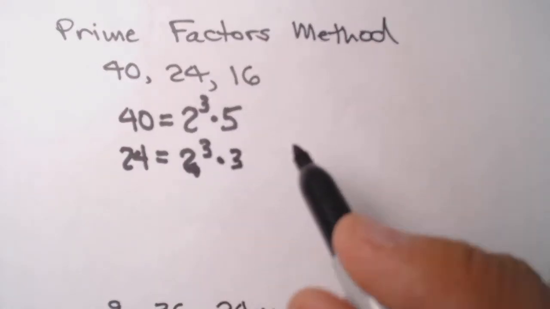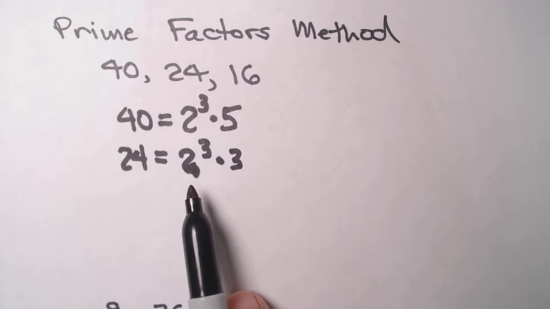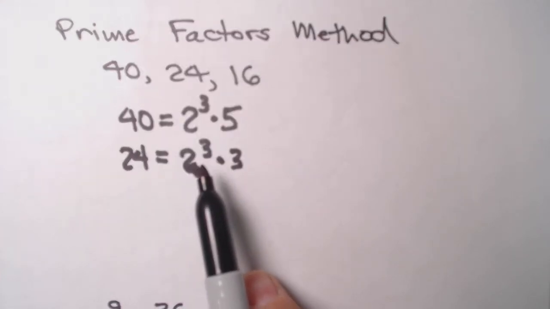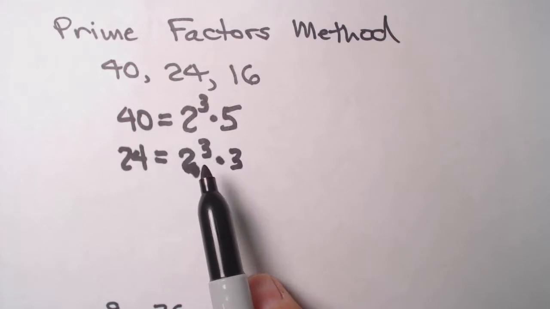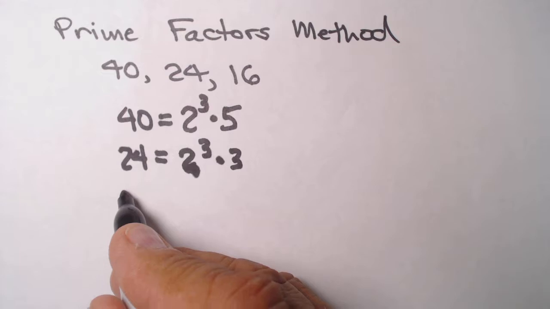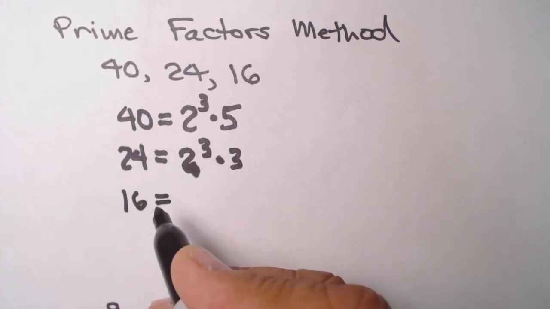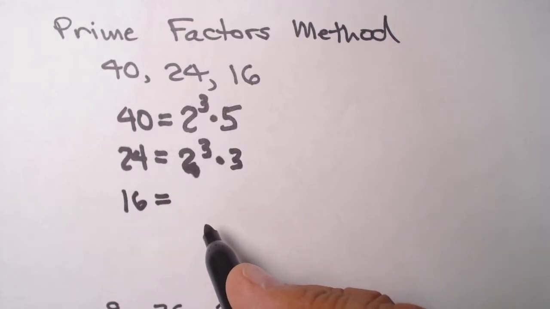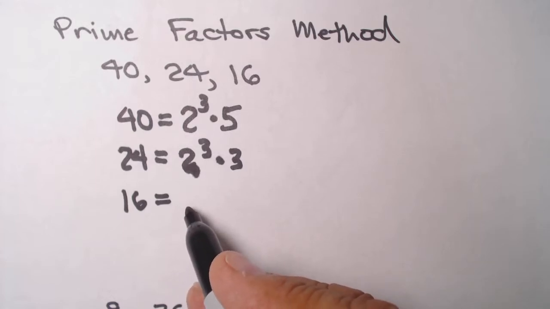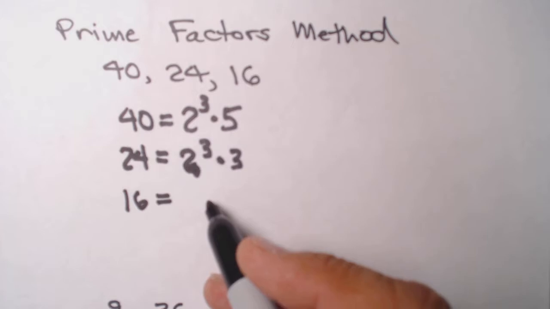Now let's check this out, make sure we're right. 2 to the third power is 2 times 2, which is 4, times 2 is 8. 8 times 3 is 24. Okay, I think we got it right now. 16 is going to be, I think that's just made out of 2's, isn't it? 2 times 2 is 4, times 2 is 8, times 2 is 16.